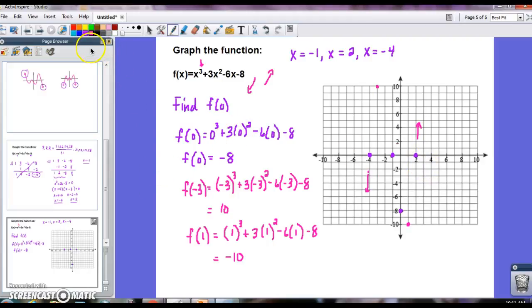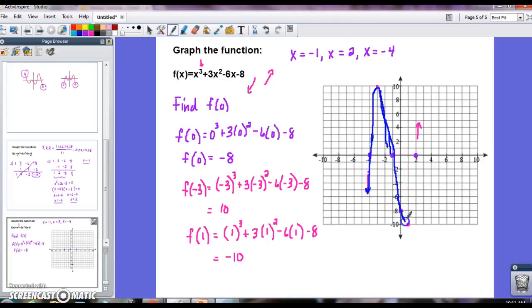So if I were to go ahead and connect those points, my end behavior tells me I have to be down here. It tells me my graph is going to go up. I'm going to come way up here, and then back down like this, through that point.